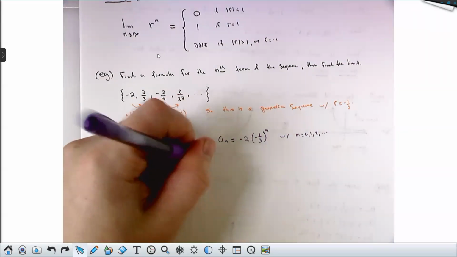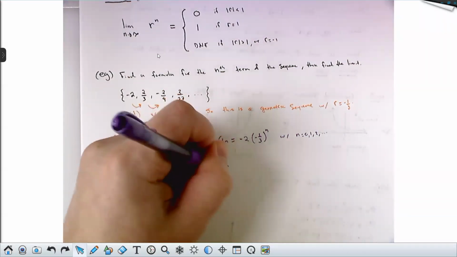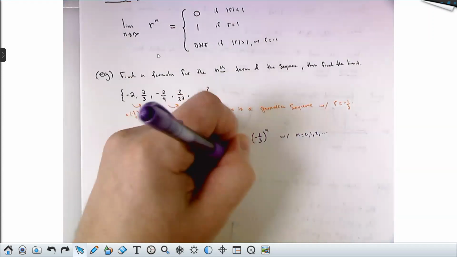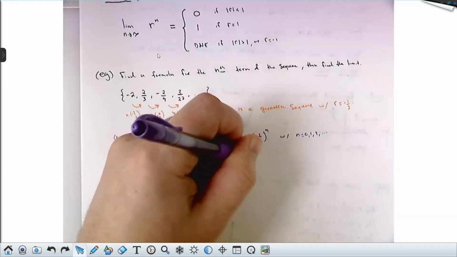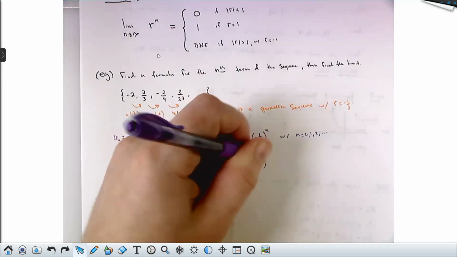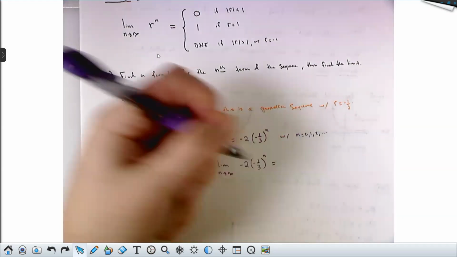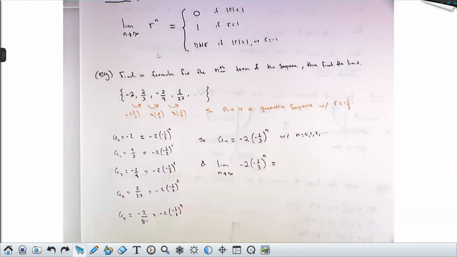And the limit as n goes to infinity of -2 times -1/3 to the n is going to be what? 0.